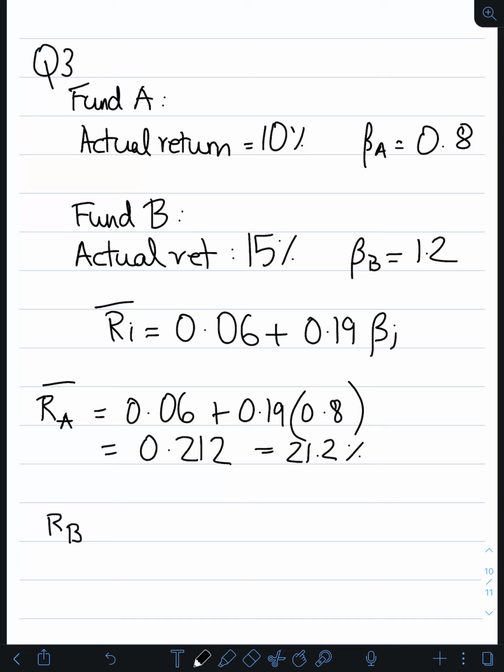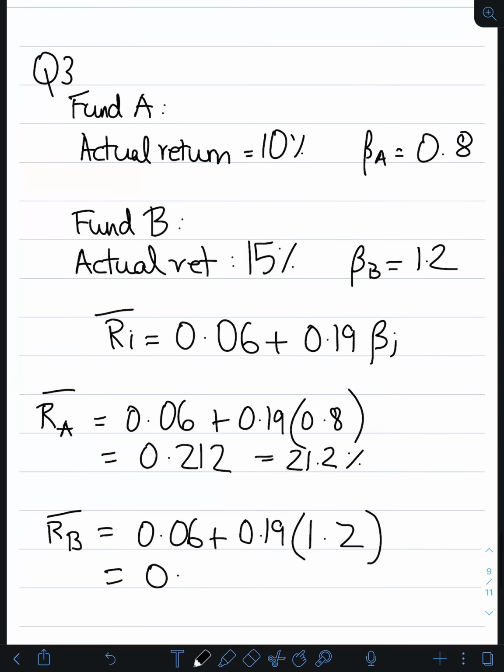Let's look at what happens for fund B. We have 0.06 plus 0.19 times its beta, which is 1.2. That turns out to be 0.288, which is 28.8%.